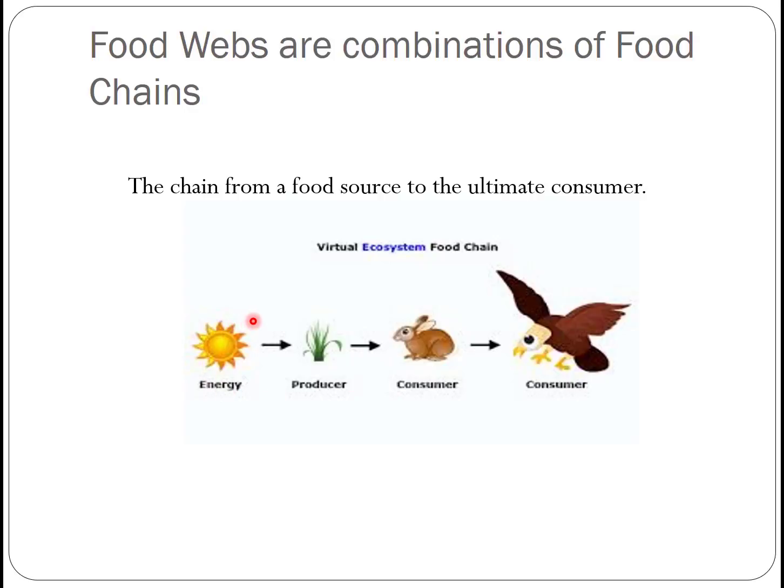Energy from the sun is stored by plants. Plants take the energy from the sun and the nutrients in the soil, and they make chemical energy. This chemical energy then is passed on to the consumers as they eat the plants, or the consumers eat the things that ate the plants.